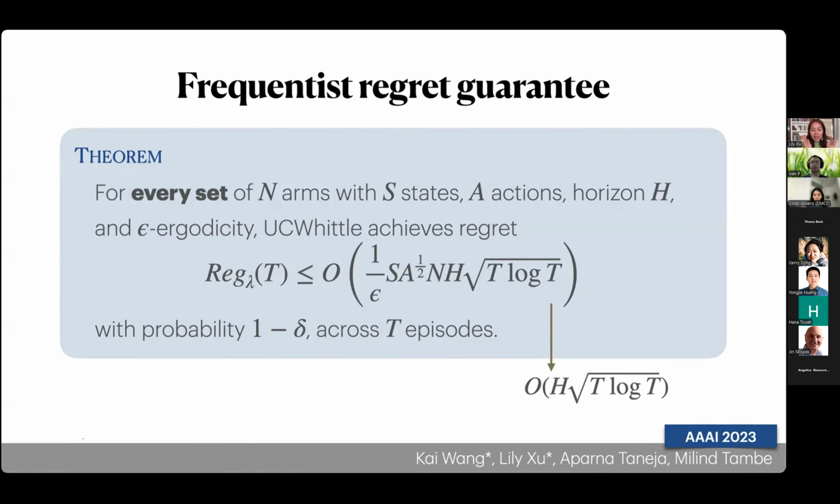So we have a time horizon H and T total episodes, so T repeated settings where we're seeing a new slate of users, for example.